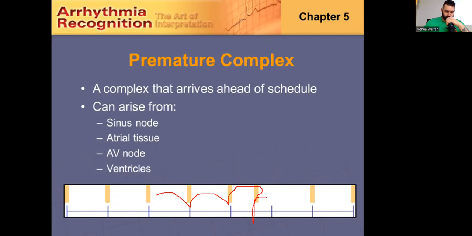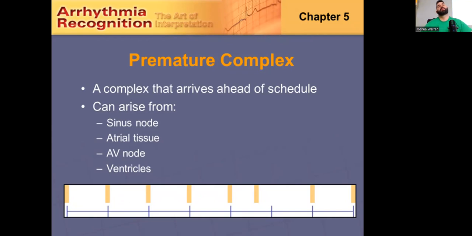What did it mean? Enhanced automaticity, automatically depolarized, producing a number of beats. So some pissed off cell had enhanced automaticity. He's like, look at me. I'm the captain now. He tries to take over the show.